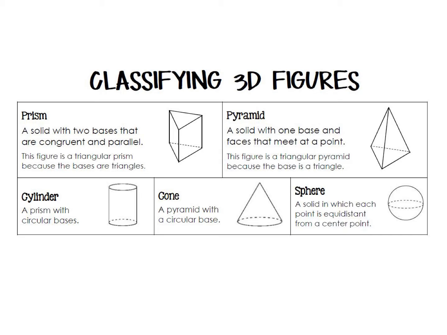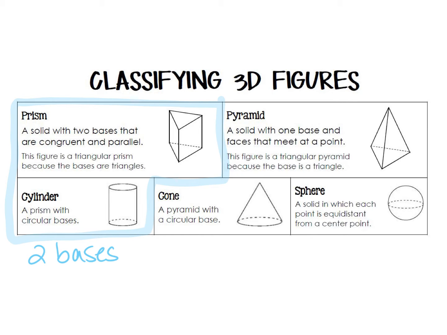So we have really 5 that we're going to look at: prisms, cylinders, pyramids, cones, and spheres. Okay, however, we really probably could classify this with just 2 different types. So if we look at prisms and cylinders, those each have 2 bases, right?